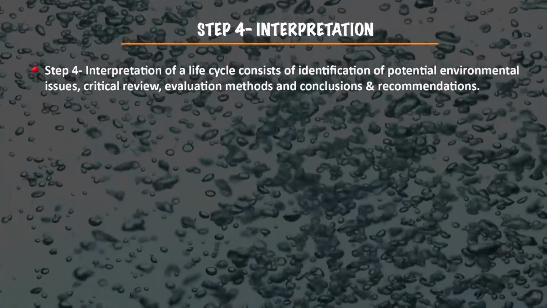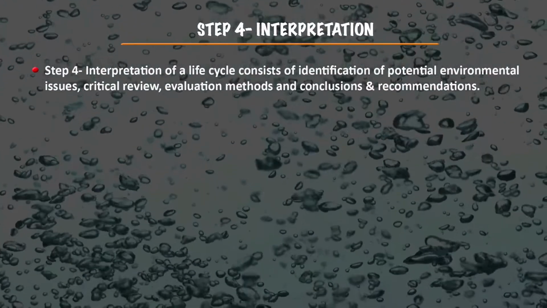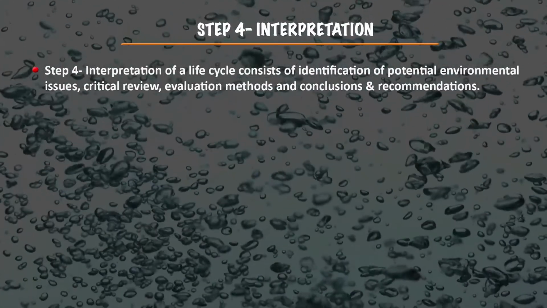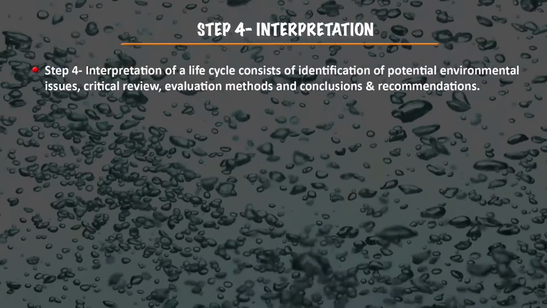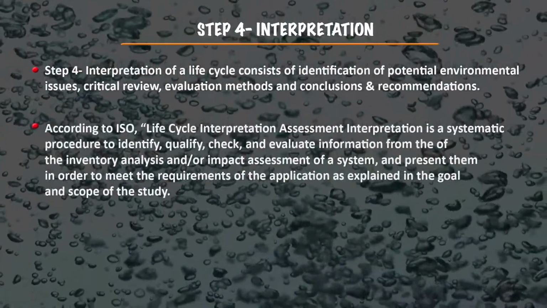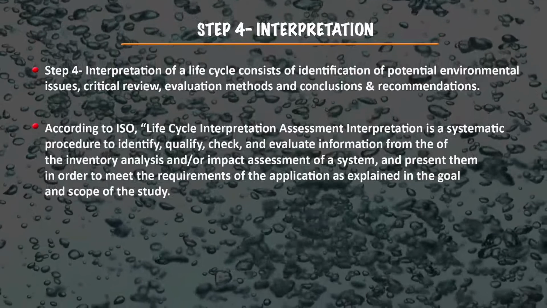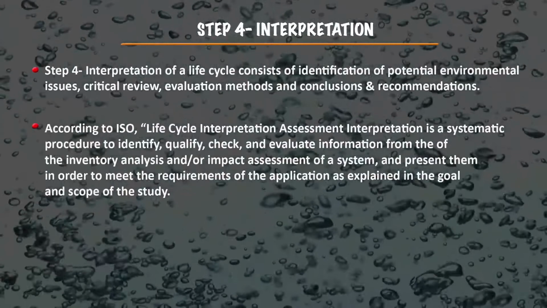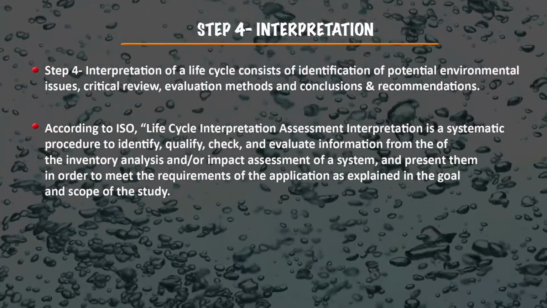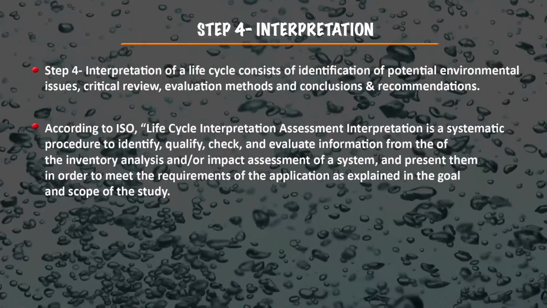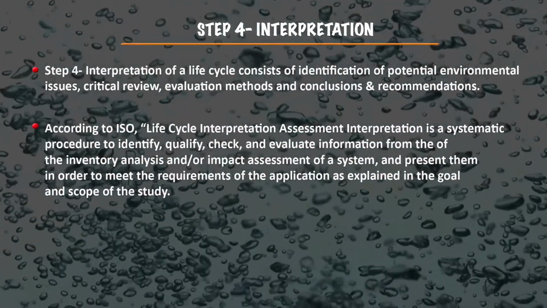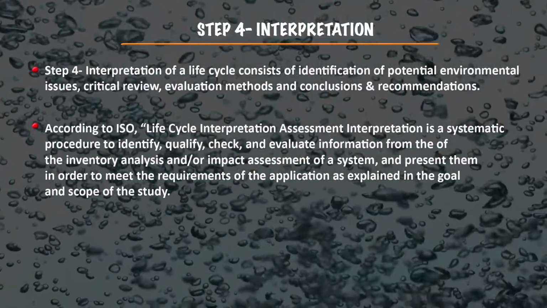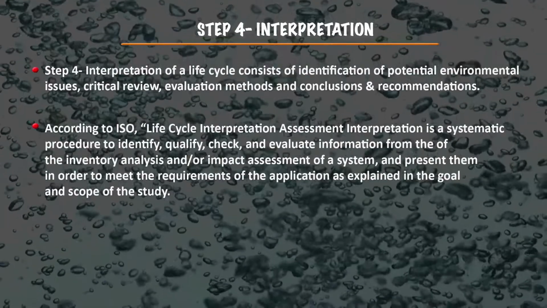If we come to step 4, that is the interpretation of life cycle, it consists of the identification of potential environmental issues, critical reviews, evaluation methods and conclusions and recommendations. According to the ISO standards, life cycle interpretation is a systematic procedure to identify, quantify, check and evaluate information from the inventory analysis or the impact assessment of a system and present it in order to meet the requirements of the application explained in the goal and scope of the study.